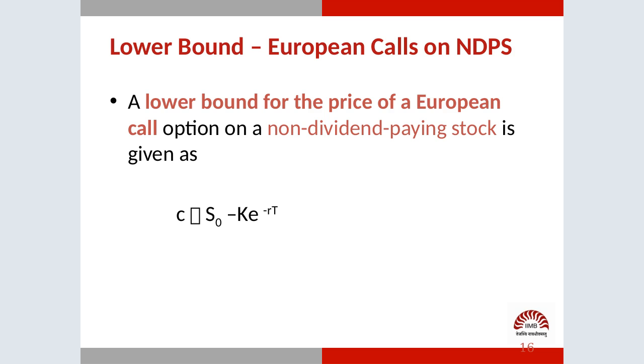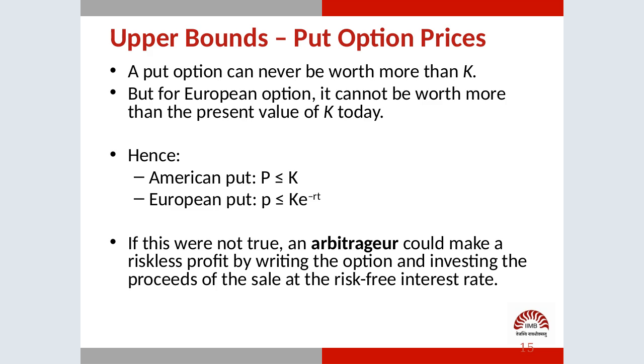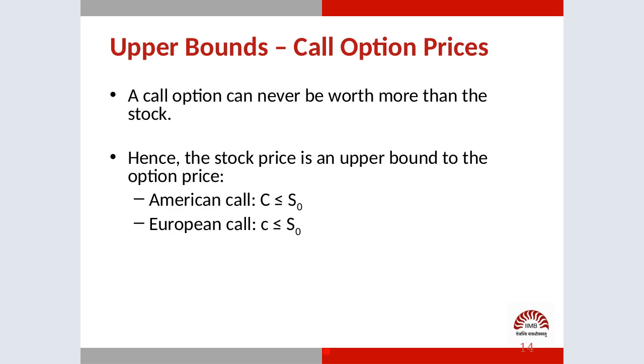So I will do it for the European call, and NDPS stands for non-dividend paying stock. So I'm taking a scenario where the stock is non-dividend paying, and I'm calculating based on that. Remember, earlier it was the upper bound, where the call had to be less than or equal to.